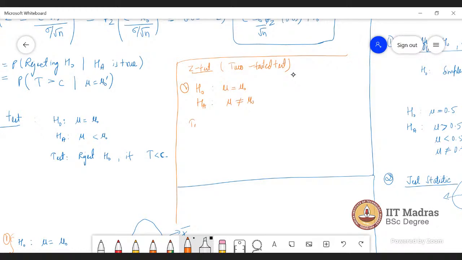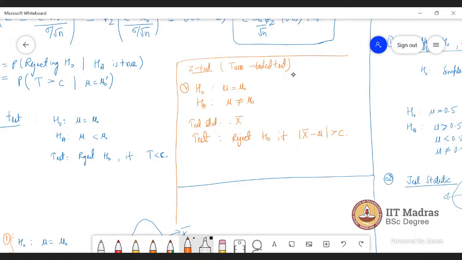The test statistic is again x bar, and the test we say as reject h naught if mod of x bar minus mu is greater than c.